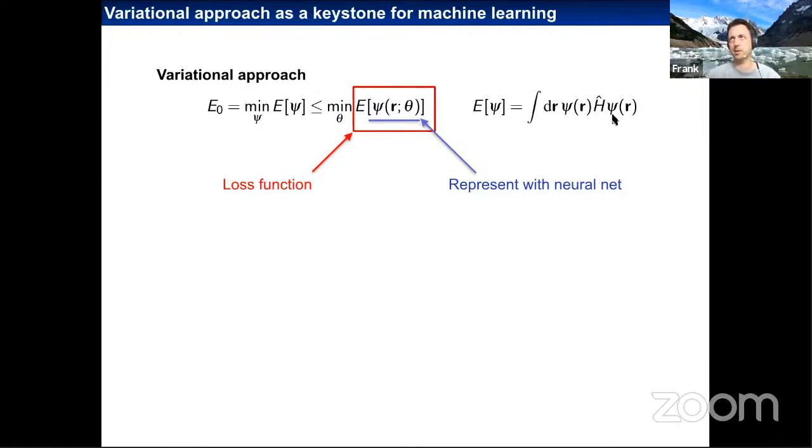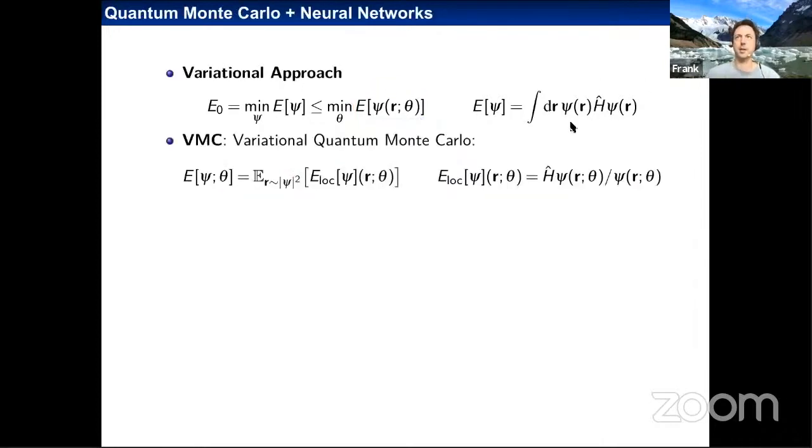And this is something that we will in general lose when we represent the wave function with a deep neural network, which is a very complex function that we cannot assume to be easily decomposable into contributions that allow us to write this integral in an easy way. So the natural formulation that we get is quantum Monte Carlo, because in quantum Monte Carlo, we replace this integral here by a numerical expectation value that we approximate with Monte Carlo.